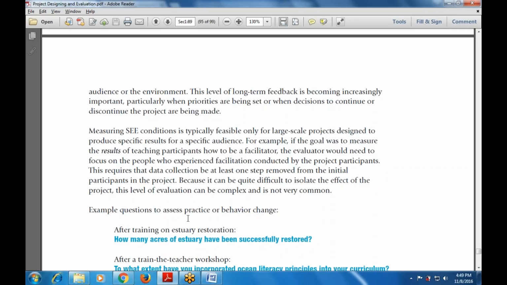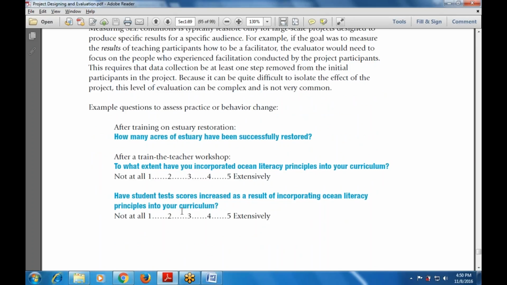Example questions to assess the practice or behavior change. What are the various evaluation questions? After training on estuary restoration, how many acres of the estuary have been successfully restored? Then, after giving the workshop training, to what extent have you incorporated ocean literacy principles into your curriculum?